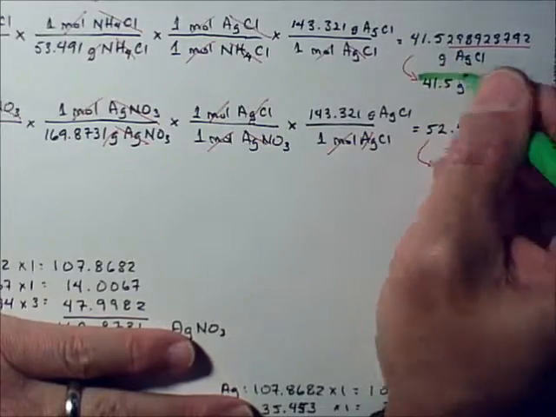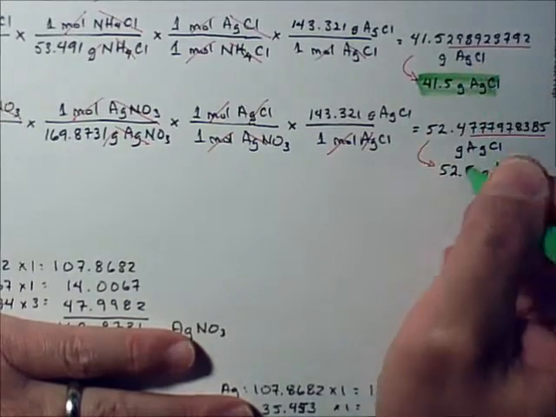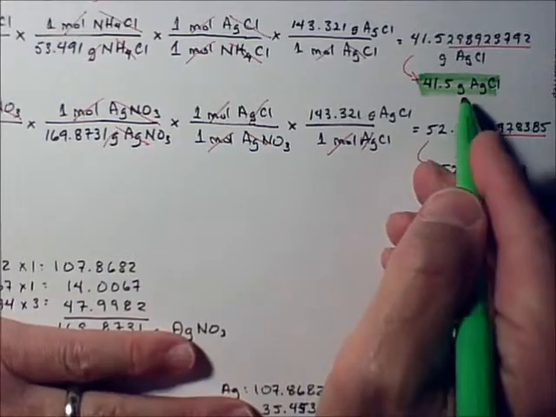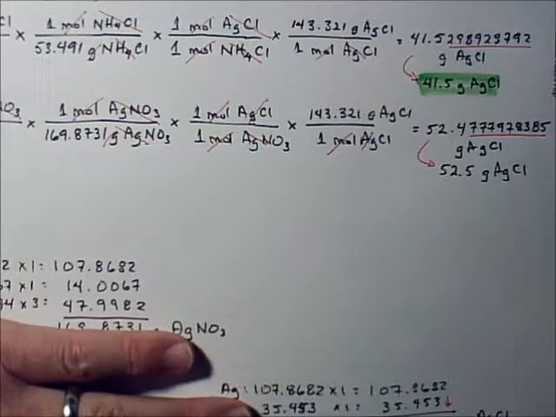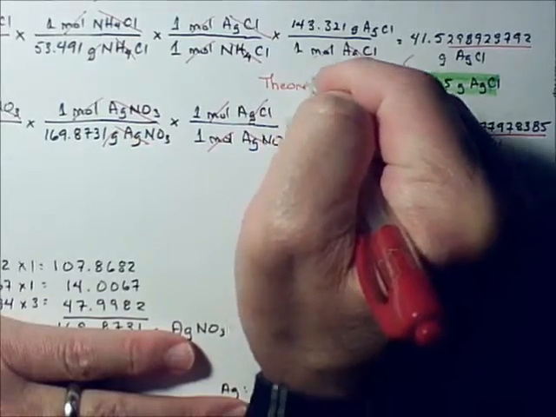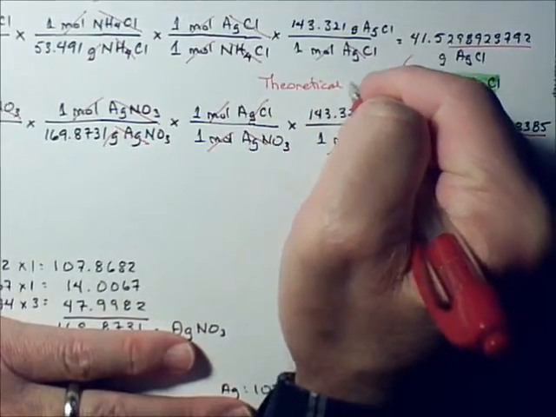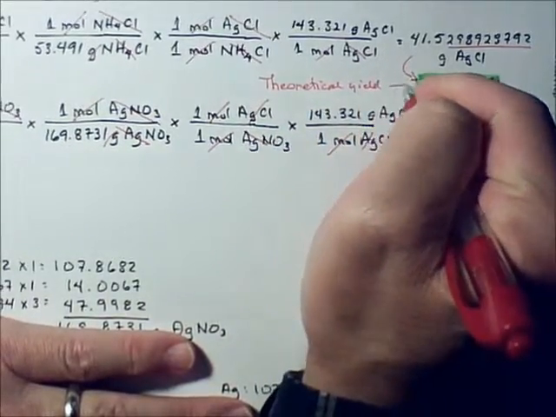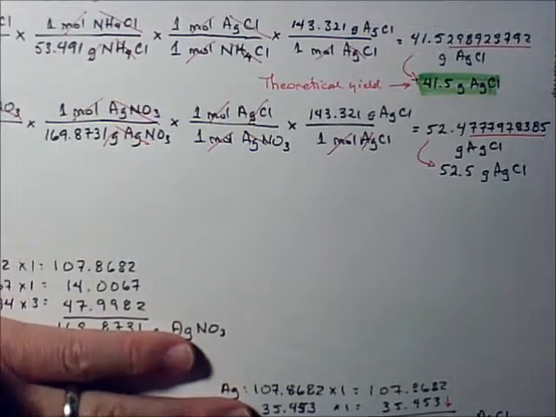So this right here is smaller than this one is. So this is the theoretical yield, because it's smaller.